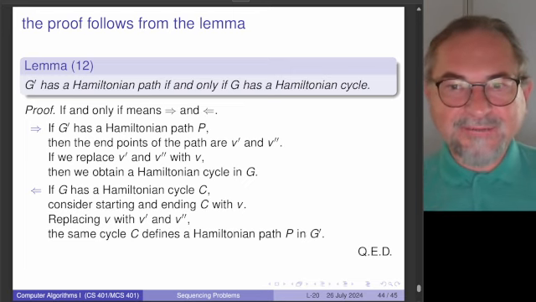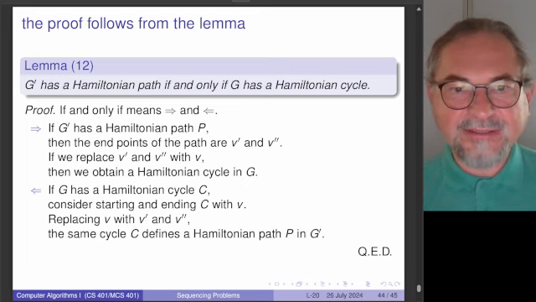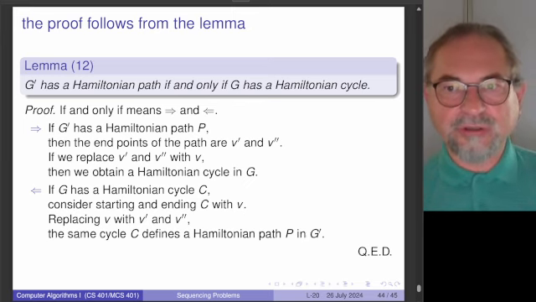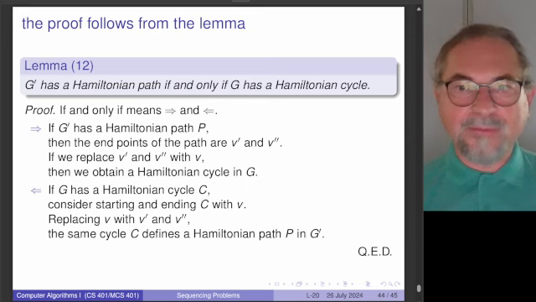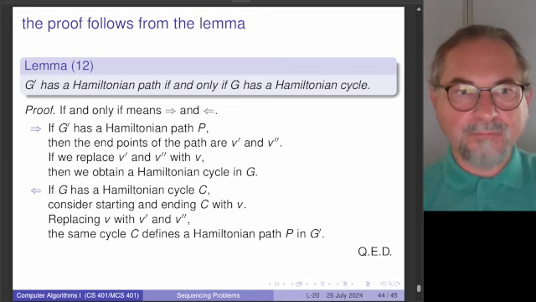So I don't have an example of this, and this should have been the last exercise, showing how to construct the graph from the Hamiltonian cycle problem into the Hamiltonian path problem.